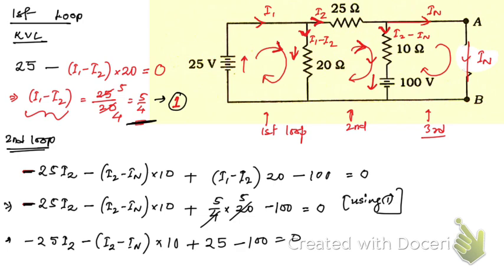Okay, now let it be equation number 2. Now let us take this third loop. Let me take a new slide and write equation number 1, 2, and whatever we are going to get after dealing with this third loop.